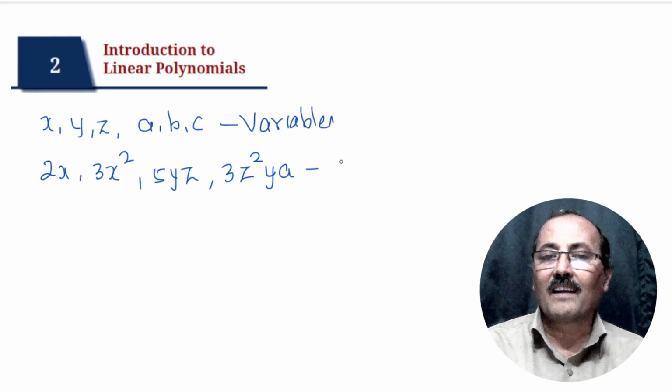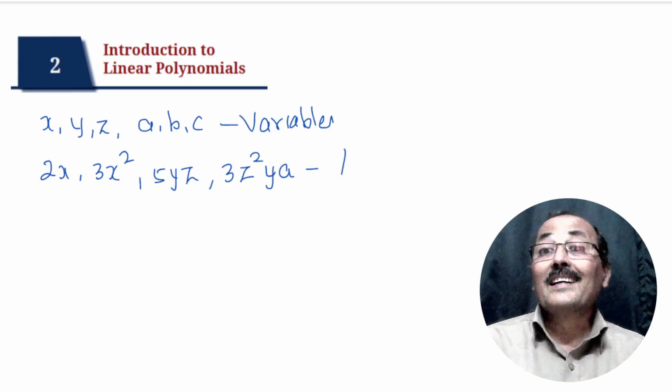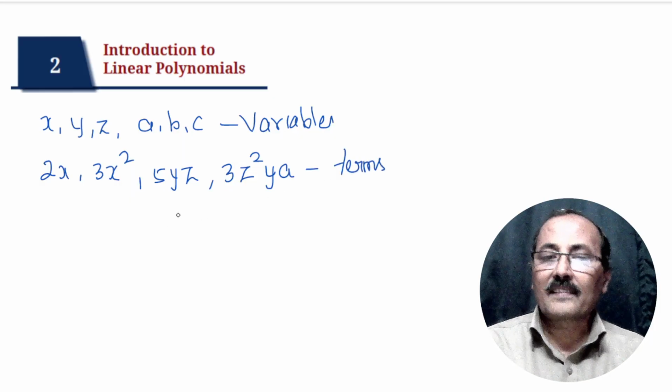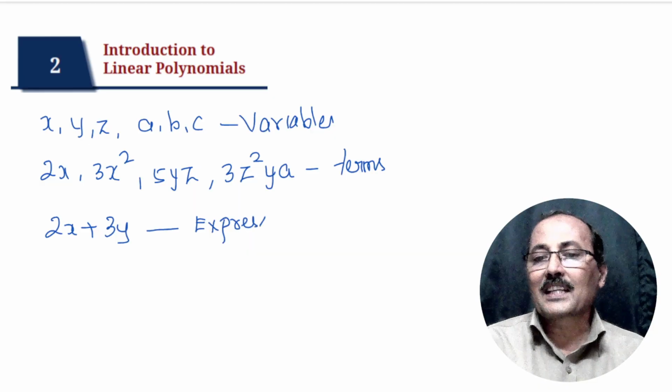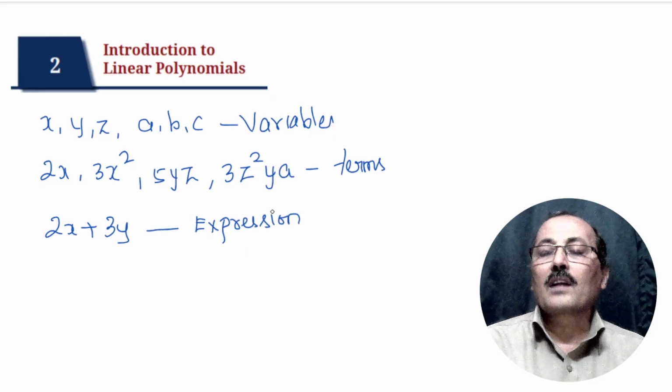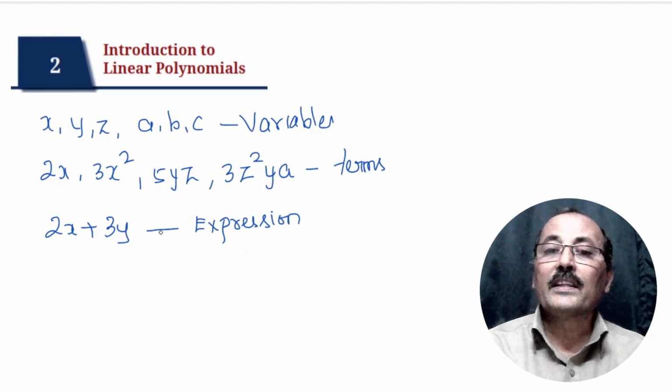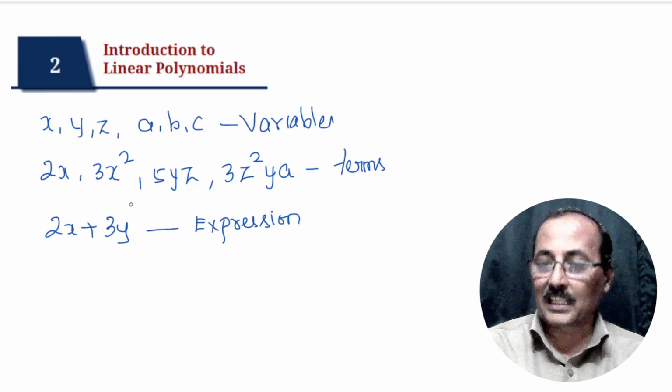These are all called terms. In your class 7 or 8, you could have learned this. Then if the terms are combined together, that means 2x plus 3y, then it becomes an expression. So what is an algebraic expression? 2 or 3 terms combined together form an algebraic expression.